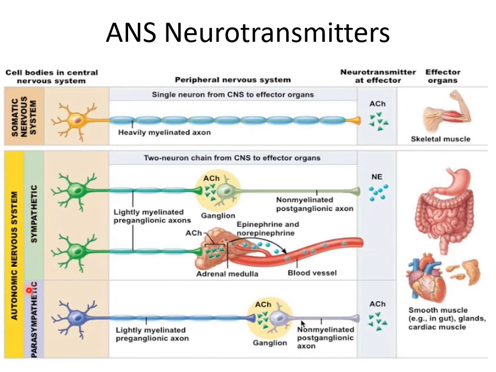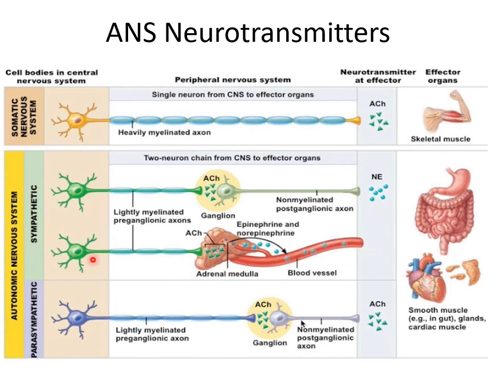Now let's look at the autonomic nervous system. We'll start with the sympathetic branch. Again, notice that in the ANS we have a two-neuron chain from CNS to effector organ. For most of the sympathetic neurons coming out of the spinal cord, the preganglionic neuron releases acetylcholine, and then the postganglionic fiber releases norepinephrine at the effector site.